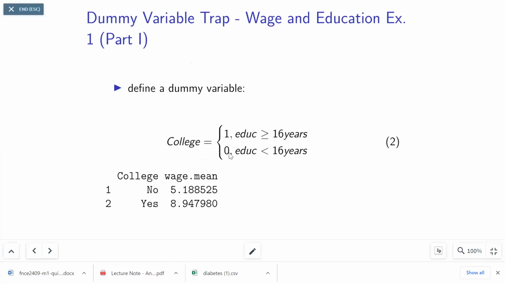Otherwise, the college dummy is equal to 0 or college no. Running the summary statistics shows that if a person has a college degree, then the mean wage is $8.94 per week. A person without a college degree has a mean wage of $5.19 per week.